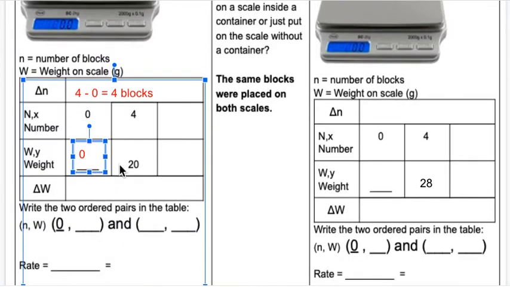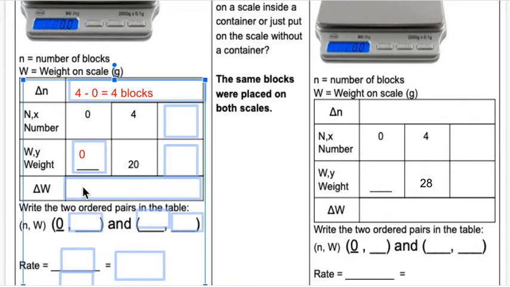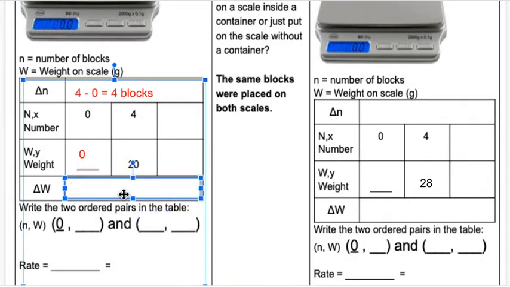Now, what about change in weight? When there were no blocks on, it weighed 0 grams, and then when I put 4 blocks on, it weighed 20 grams. So that's 20 grams minus 0 grams. So the total change in weight is 20 grams.